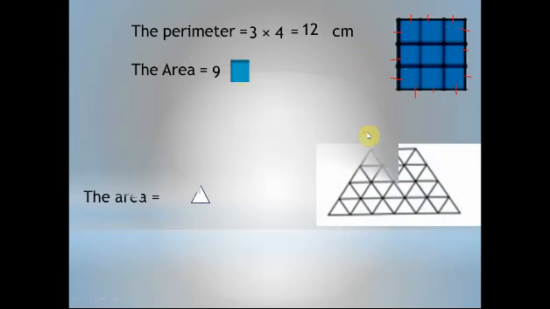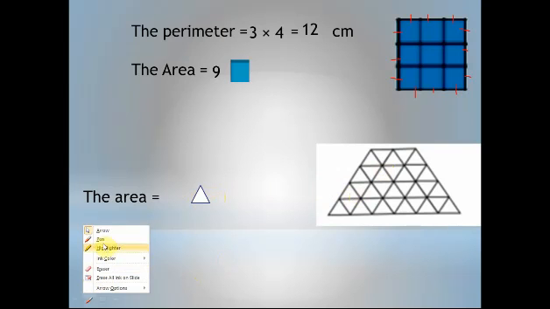Okay, a new one, but this is divided into a different figure, so we can calculate the area according to the units that we give to you. We give you here in this question a small triangle, so we will count the small triangles in the figure because it's divided into small triangles.